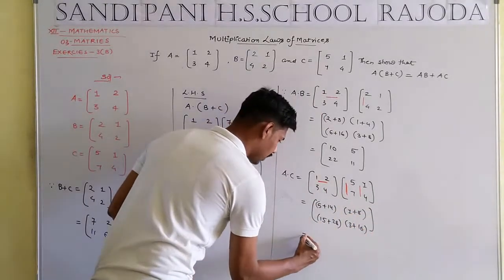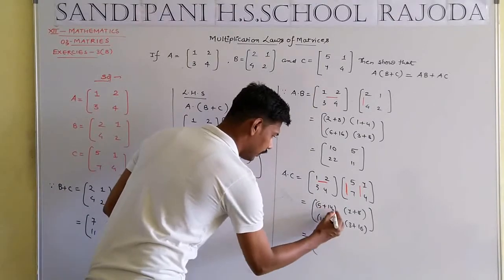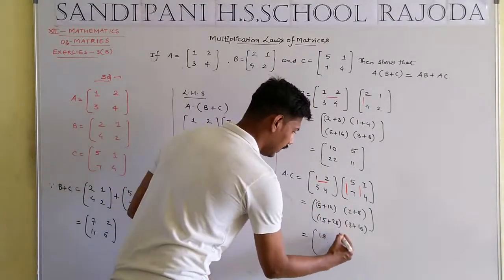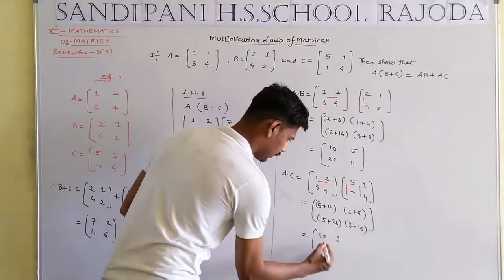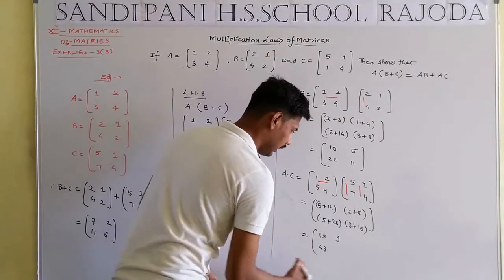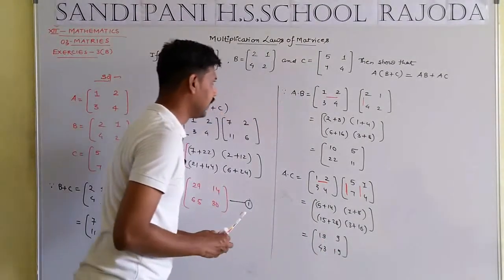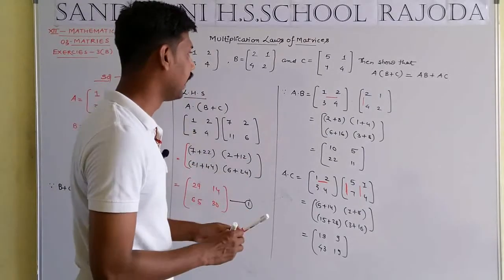So the final solution of A dot C is [[19, 9], [43, 19]]. We get A dot B and A dot C.